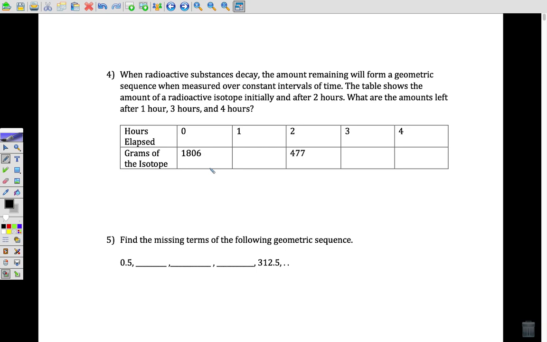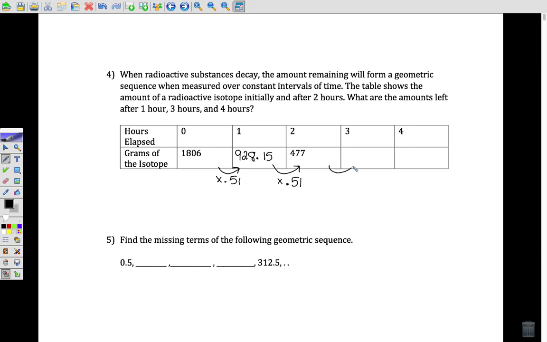Moving on to the last 2, in this example with the radioactive substances, if you used geometric means, you would find out that this middle term was 928.15. The common ratio comes out to be about 0.51. Depending on how you rounded, you might have something slightly different.